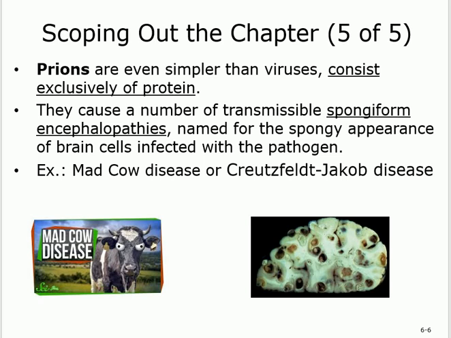These are two diseases that both of them are prion infecting the brain, causing spongiform encephalopathies. So can you tell me what are the two types of encephalopathies that you know? Mad cow disease and Creutzfeldt-Jakob disease. So these are examples of the spongiform encephalopathies.